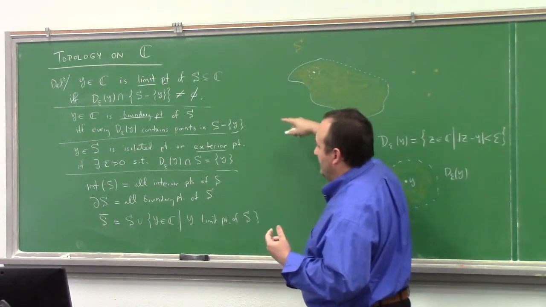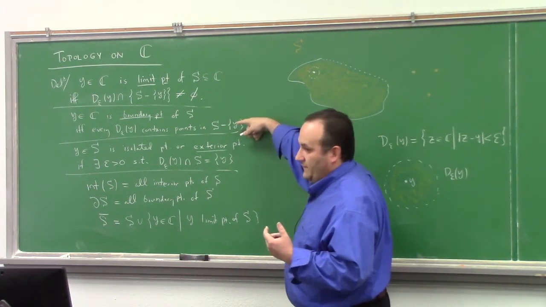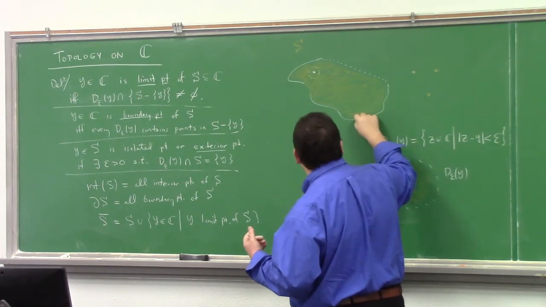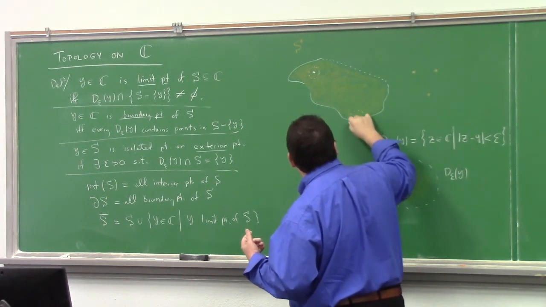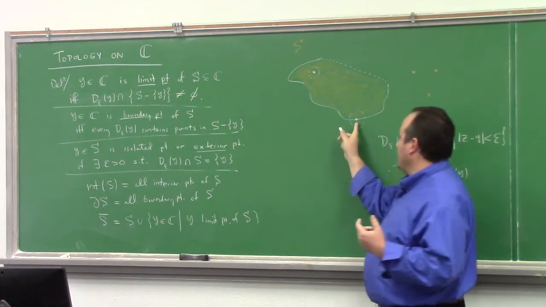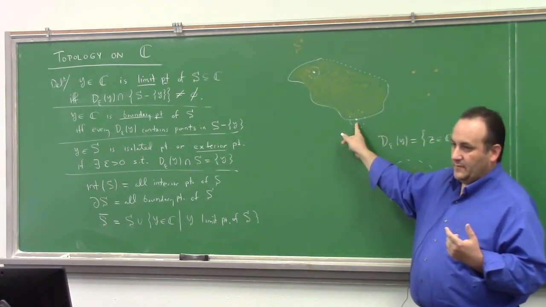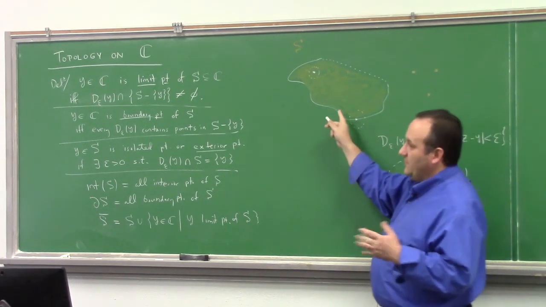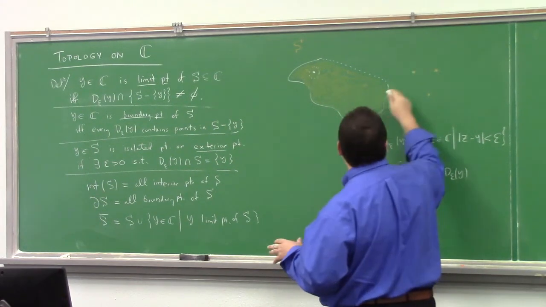Now, a boundary point is a point such that every open disk around it, like here, contains points outside of the set. That makes it a boundary point. So you pretty much have an intuition for what the boundary of S is.